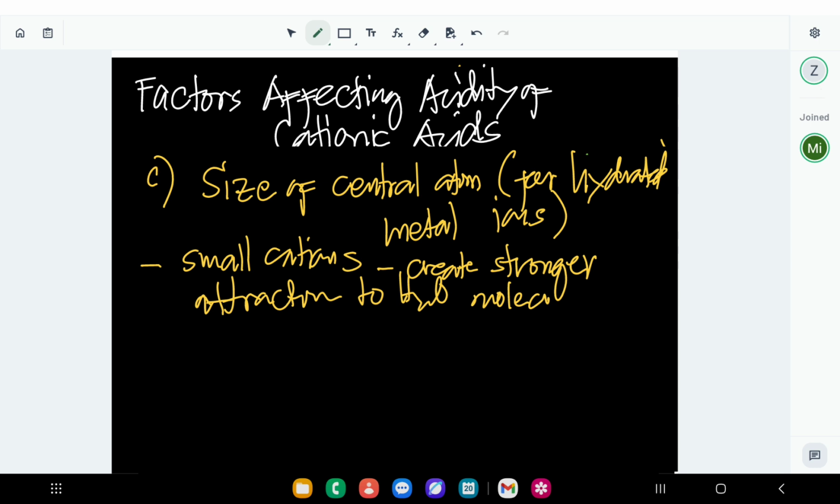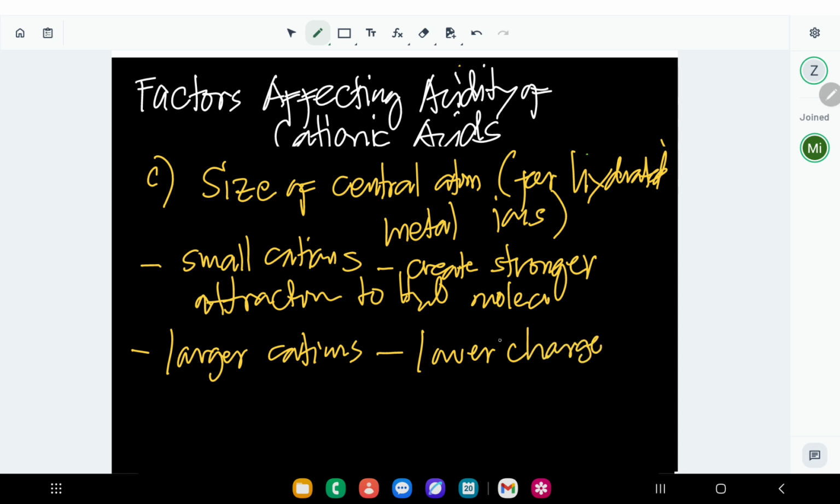So smaller cations are more acidic; larger cations have lower charge density, meaning weaker acidity.